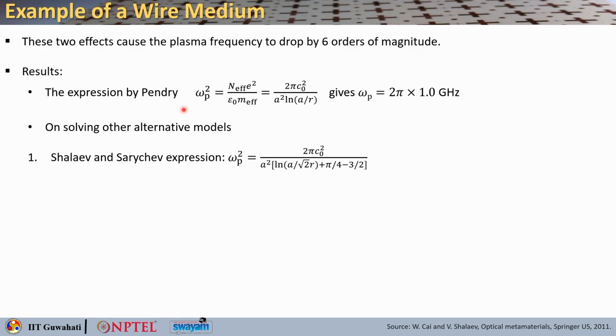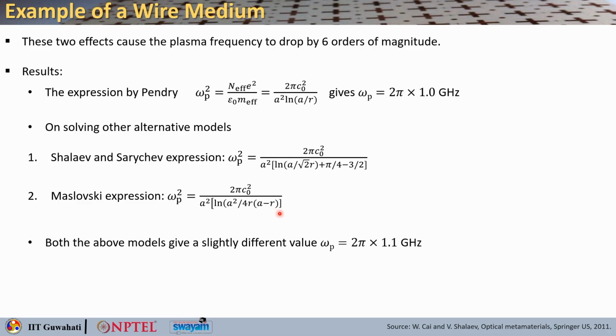Now, if you do not go with Professor Pendry's model, and try to solve it using the alternative models which we have already seen, the Shalev and Sarychev expression, omega p square equals 2 pi c naught square divided by a square ln of a by root pi plus pi by 4 minus 3 by 2, and the Maslovski expression, omega p square equals 2 pi c naught square divided by a square ln a square by 4 pi into a minus r, in these two cases you get a slightly different value.